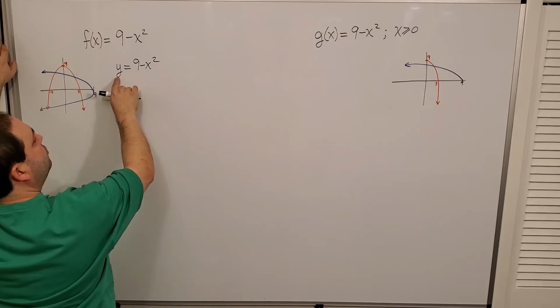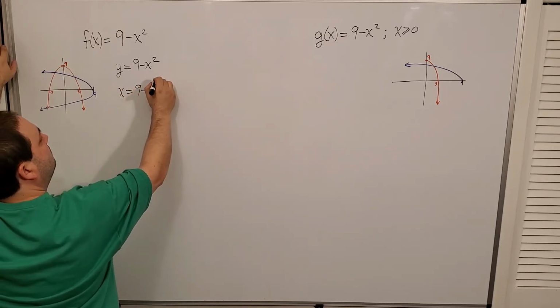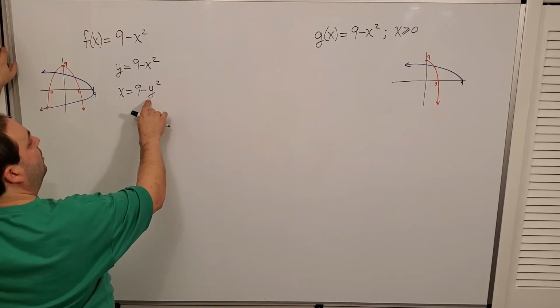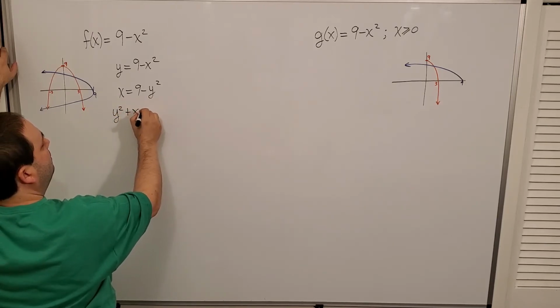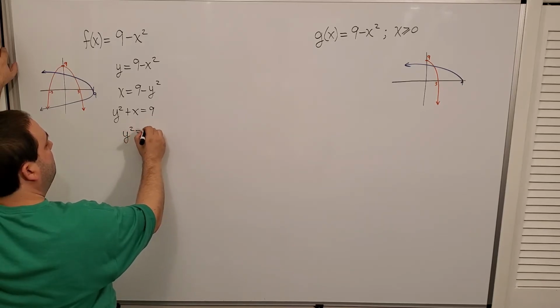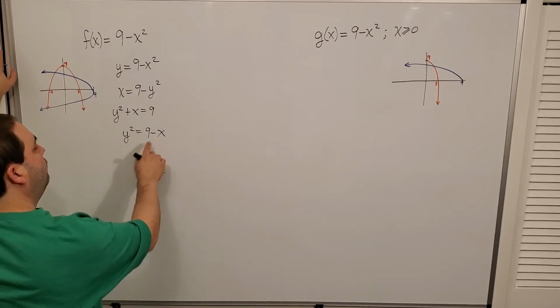I would swap y's and x's. And then I would begin to solve for y. So I'll add the y squared over. I'll subtract the x, like that. And then I'll take the square root of both sides.